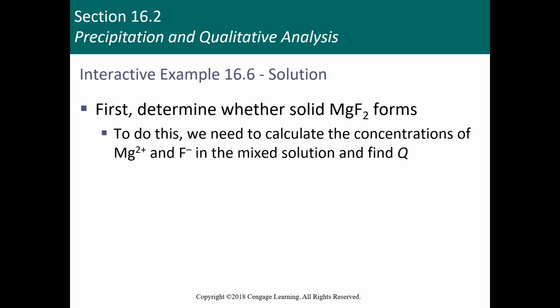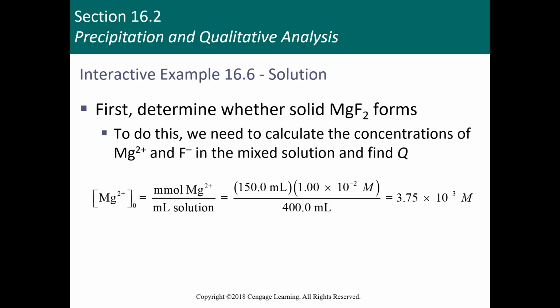So we calculate the concentrations of Mg2+ and F- in the mixed solution. Those will be our initial concentrations. This one will be the Mg2+. Hopefully you can do this. Otherwise, make sure you go flip back to solutions where we first talked about solutions. If I remember correctly, it's like chapter 4 in this book.